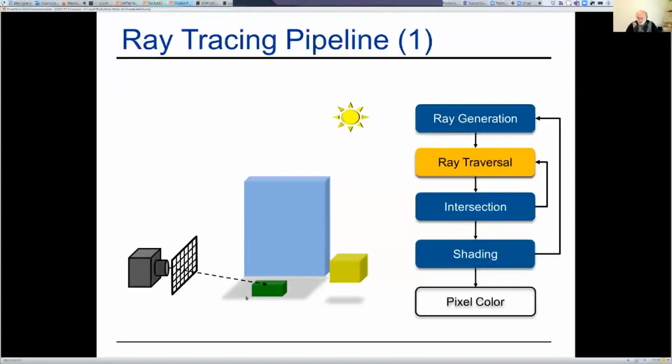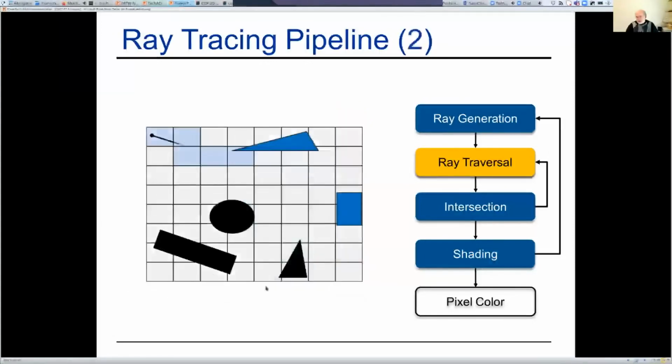And we do this until we find an object that could be intersected, like this green box here. And so here's this traversal process. I mentioned that we'll actually be using an acceleration structure, as we often call it, or a spatial index structure.